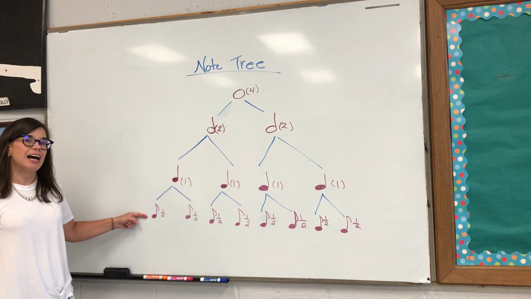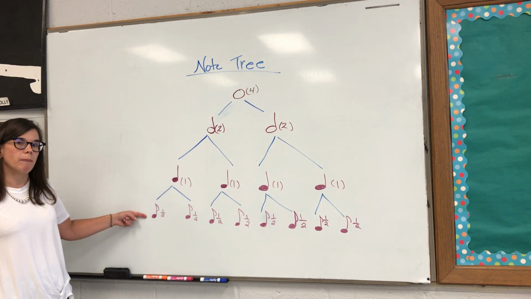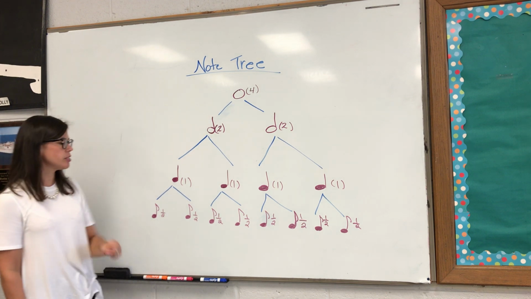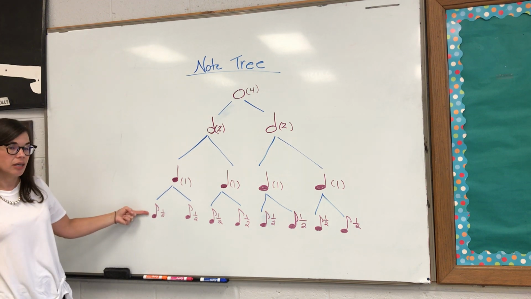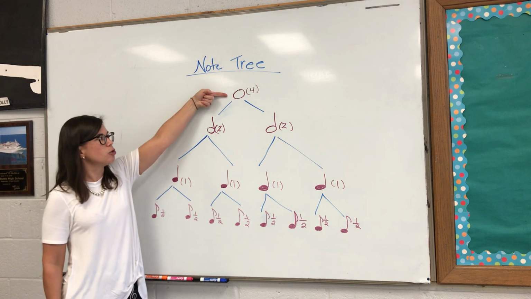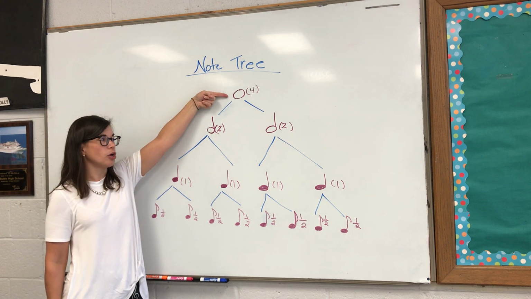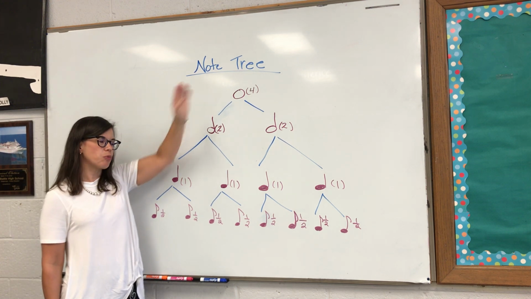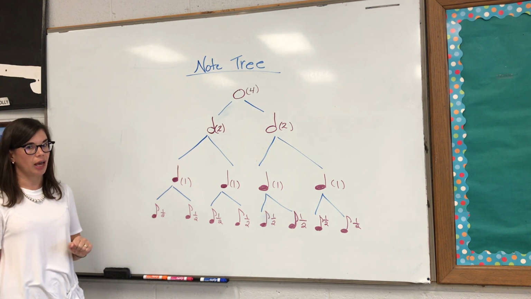And remember, I said that the names of the notes were based on the relationship to the whole note. It takes 8 eighth notes to equal a whole note. That's why they're called eighth notes.